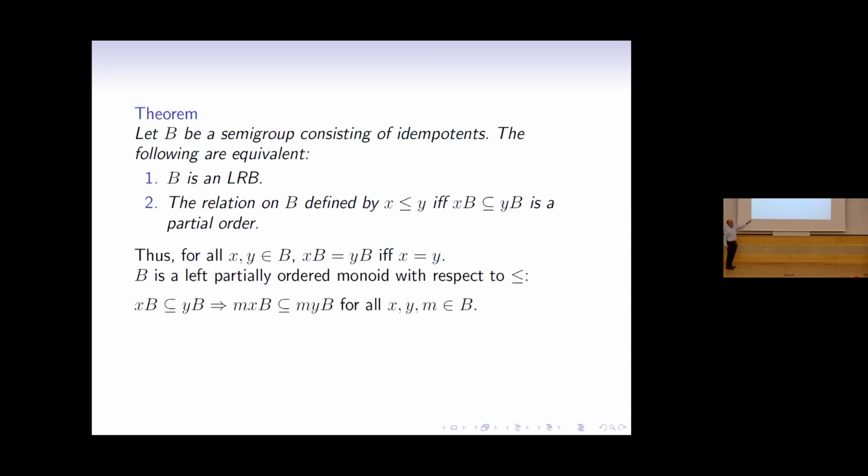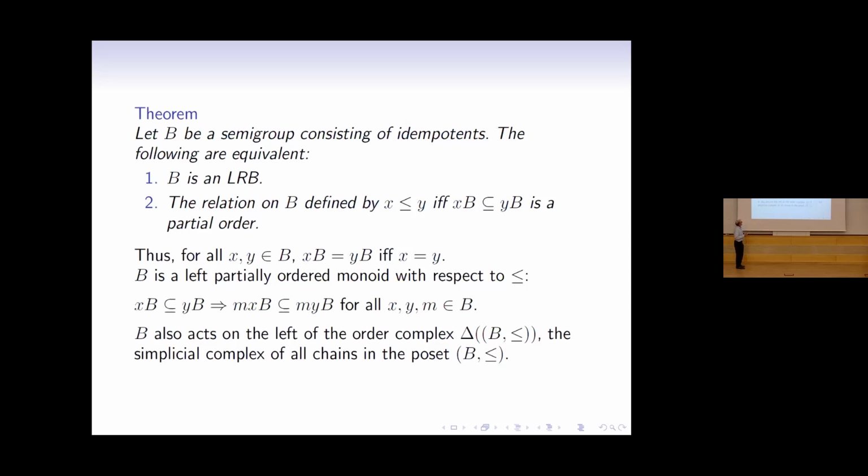So we have already built into the foundations a partially ordered set and a left multiplication which preserves the order. Okay? And if you have a poset, well, a poset is the same thing as a simplicial complex. Every poset, we have a simplicial complex of its chains. Every simplicial complex, we have a poset. We use the natural order on the faces.